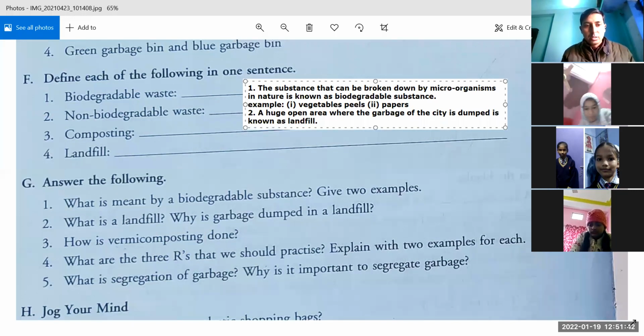Now the next question along with this question is written: why is garbage dumped in a landfill? By your own sense you may write: garbage is dumped into a landfill because in this process less pollution is there.